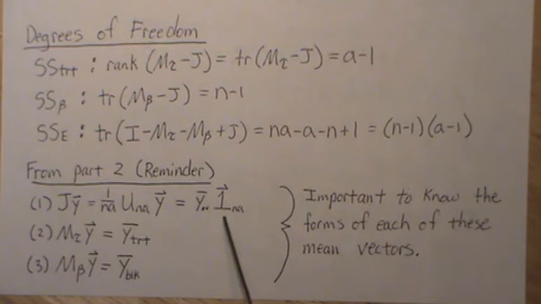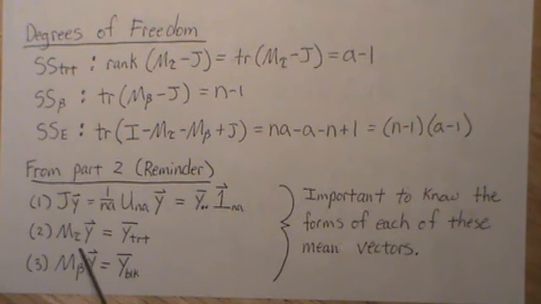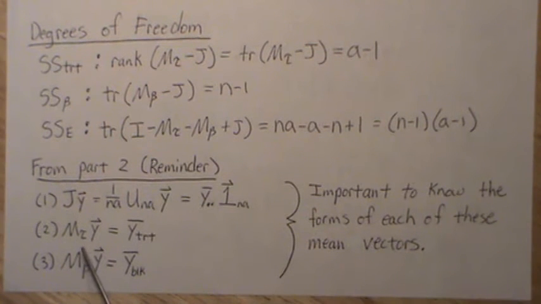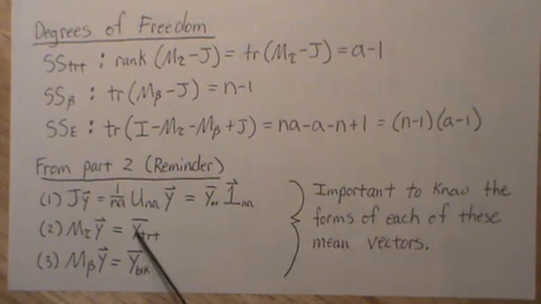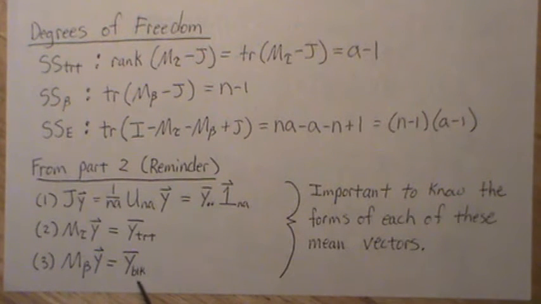And we've shown that it is the grand mean times a 1 vector. M tau times y is also a perpendicular projection matrix, so it's going to shove it down onto something that has the same structure as X tau. That's what we were calling the treatment mean vector. And then this is the between subject mean vector, or the subject mean, or sometimes called the block mean vector.